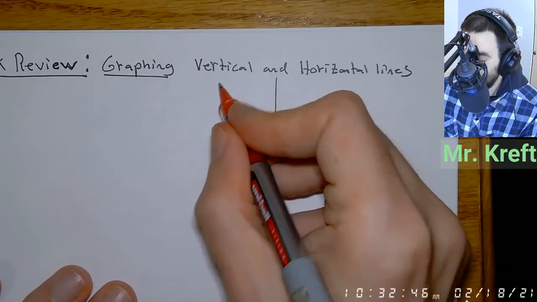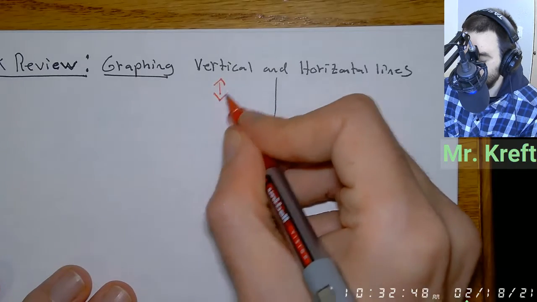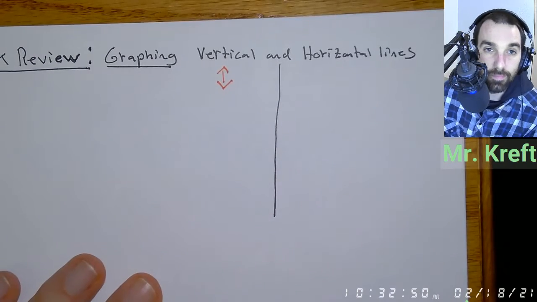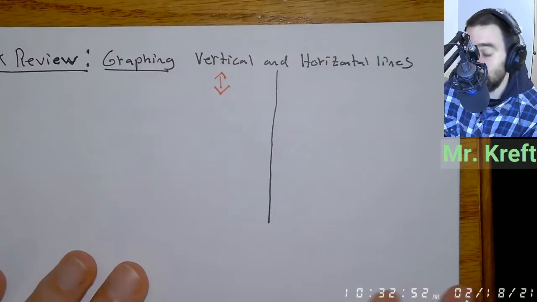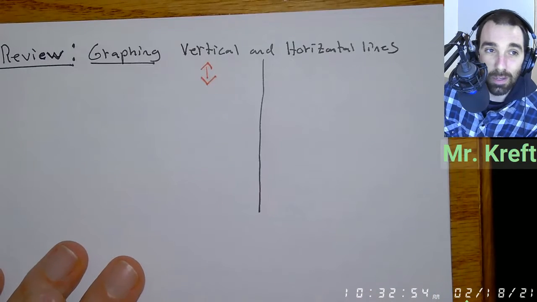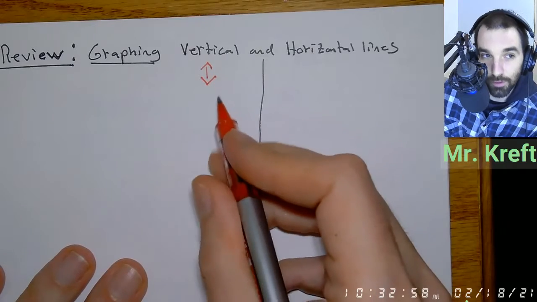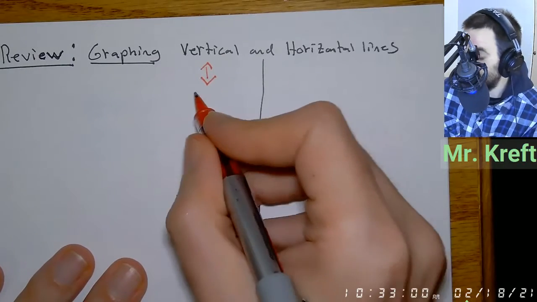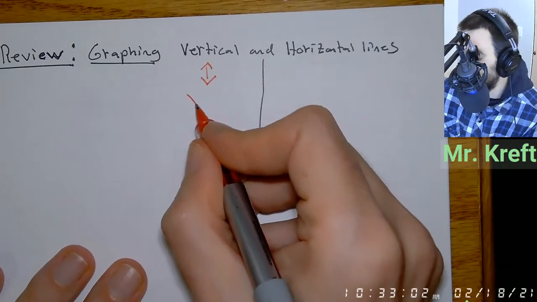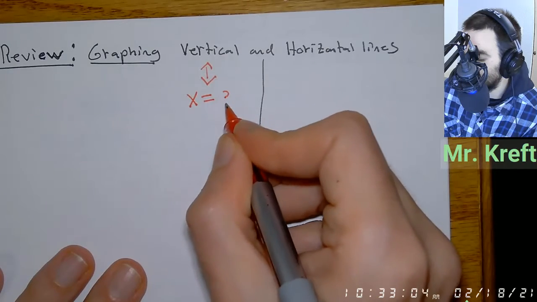So vertical means up and down, like that. If you're a basketball player, you might often brag about your vertical jump. So vertical, up and down. And the equation for vertical is always x equals something.